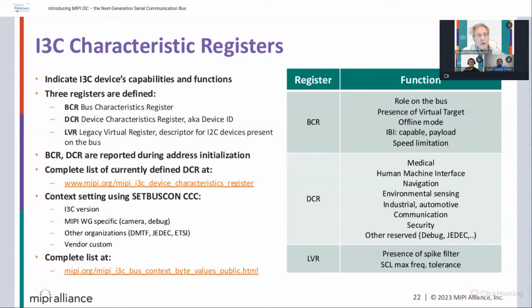You can query, and we have tables publicly available on the MIPI side where you have all the currently defined codes. A target can identify itself as an accelerometer, a gas sensor, a security device, or whatever. And here are the links to the currently defined device codes.